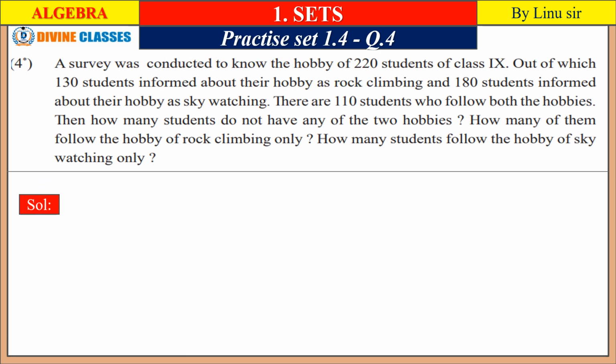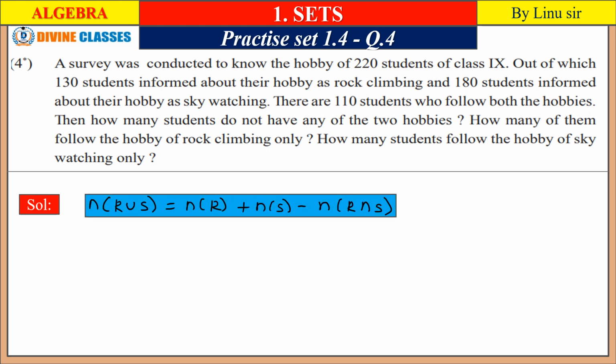So students, we know the formula that n(R union S) is equal to n(R) plus n(S) minus n(R intersection S), right? So we'll just put the values here. n(R union S) we don't know, so we write it as it is. n(R), rock climbing, is 130.